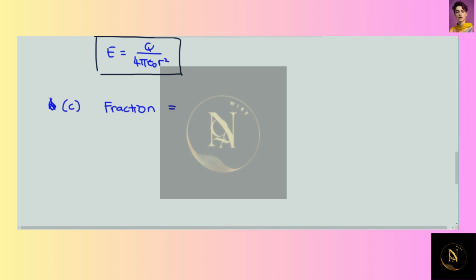Okay, so this fraction is 47 divided by 120 divided by 233 divided by 480. So you get 188 divided by 233. This is equal to 0.807.